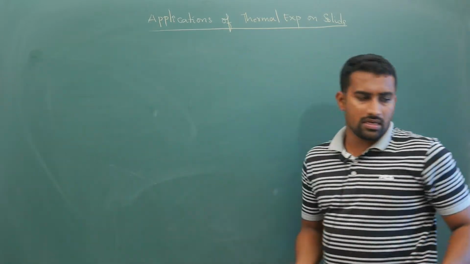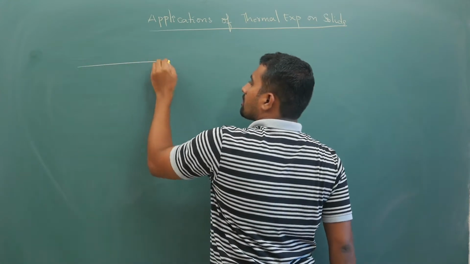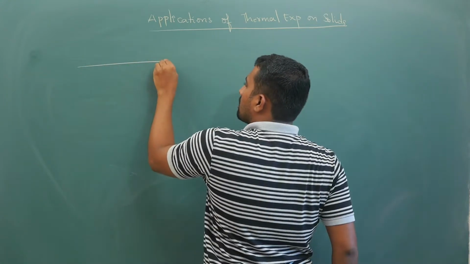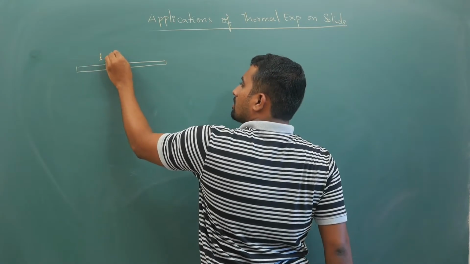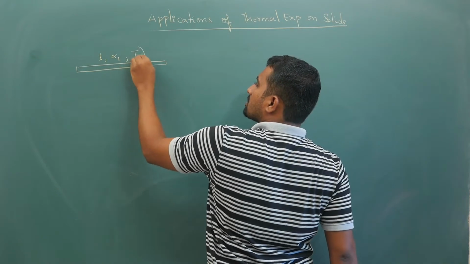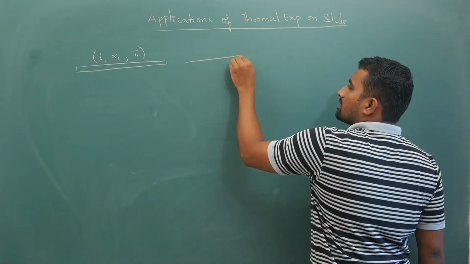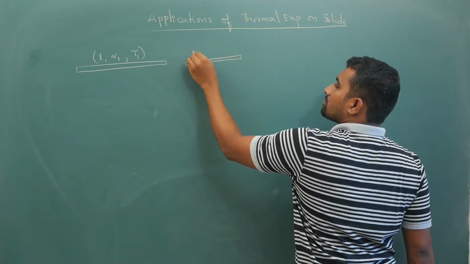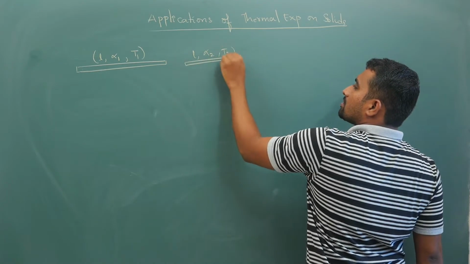Your next one is, let us say you have a rod of length L, coefficient alpha 1, temperature T1. One more rod is there, the same length L, alpha 2 and temperature T2.